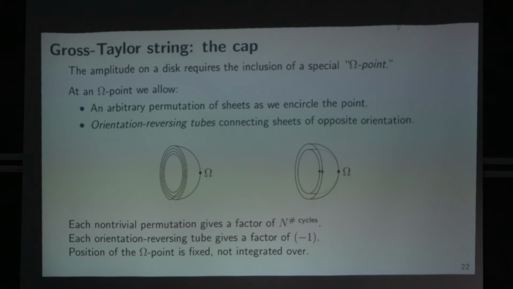Okay. But this was sort of read off. Gross and Taylor sort of read this off just from looking at the partition function and seeing what you had to do. But I have to say, I don't find this very intuitive.